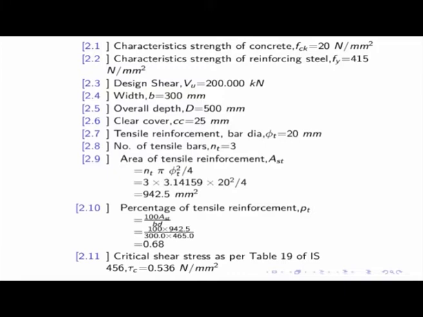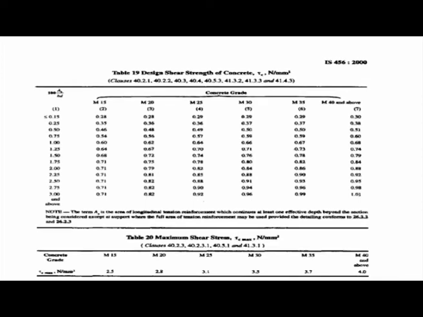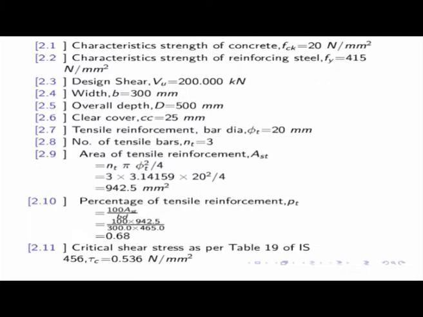Just to give you an idea, let us go back to that value to show you. This is the one we have used, and from there we are finding this value. From there you can find out the corresponding value, and this is just linear interpolation. You can find it from this particular table, just to give you an idea where you are getting that value from.